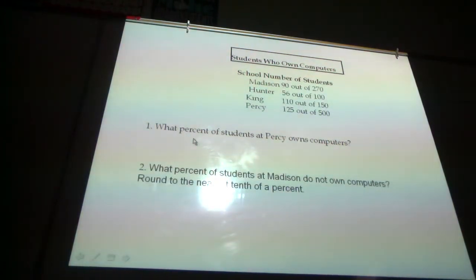All right, what percent of students at Percy owns a computer? Well, what I needed to see was this. We actually need to see the screen.